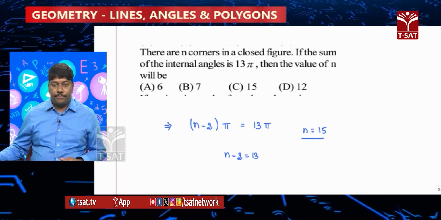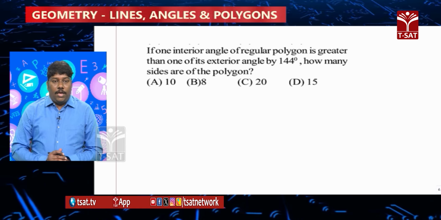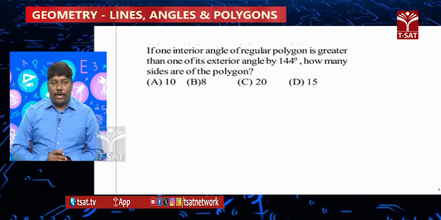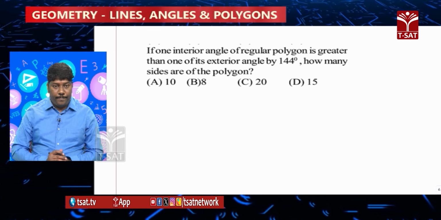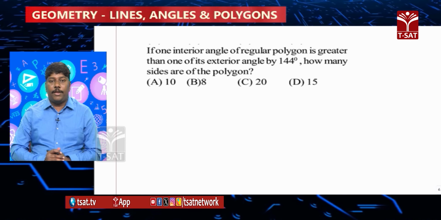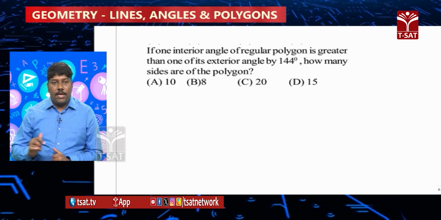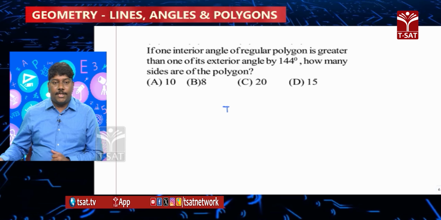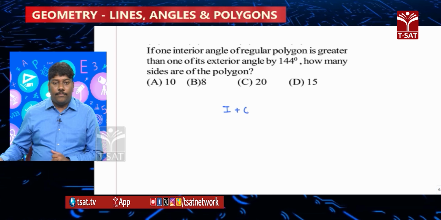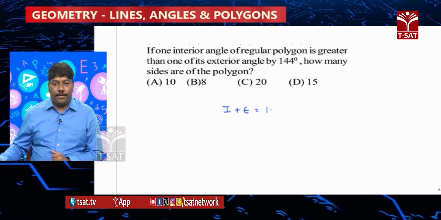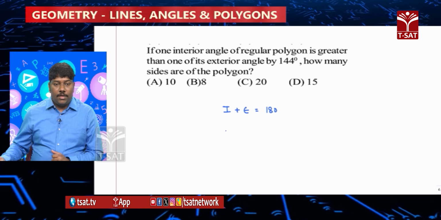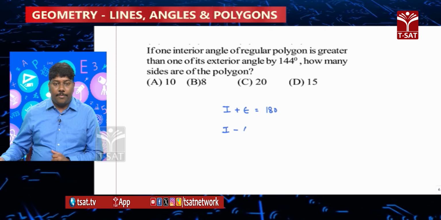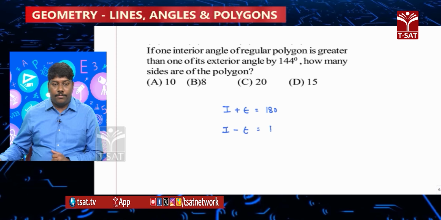Third one. If one interior angle of a regular polygon is greater than one of its exterior angle by 144, sum of interior plus exterior angle, we know that it is 180. Interior is greater than exterior by 144.